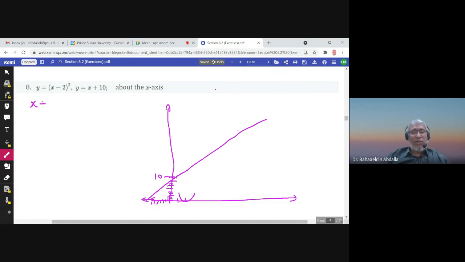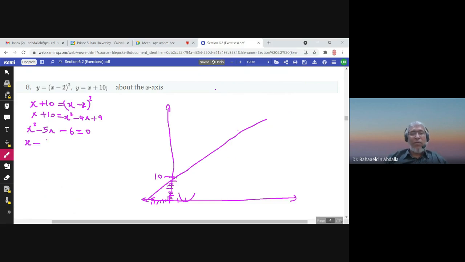So x plus 10 equals (x minus 2) squared. You equate the two equations. So x plus 10 equals x squared minus 4x plus 4. Take everything to the right hand side. So x squared minus 4x minus x, so you will have minus 5x, and plus 4 minus 10, that's minus 6, equals 0.